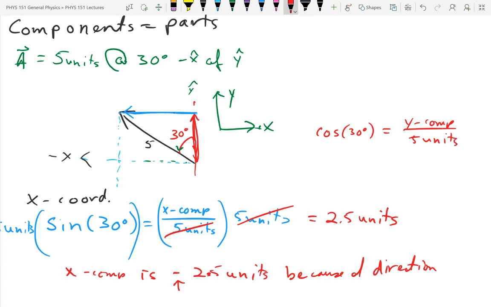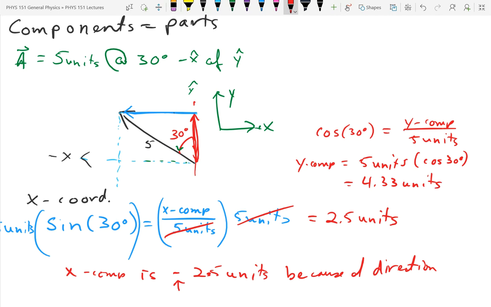Again, multiply by 5 units across. I have the y component. Somebody's already got the answer for us. It's what? 4.33.